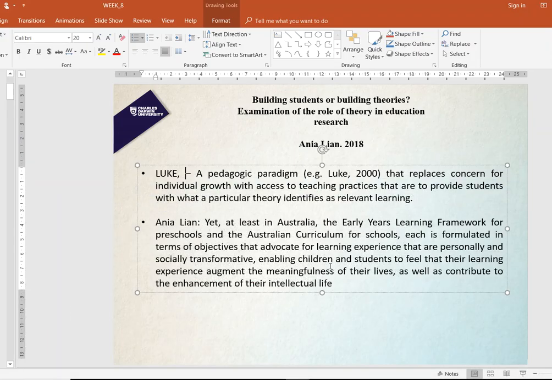What I found interesting is that Alan Luke is very precise about what he wants from his model of teaching, and he says he's not actually interested in students' growth. That's very interesting, because he's interested in applying whatever theory he believes in into practice, which is kind of aligned with the traditional belief: choose your theory and just do it, right?